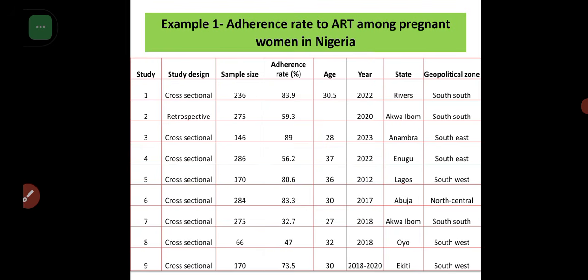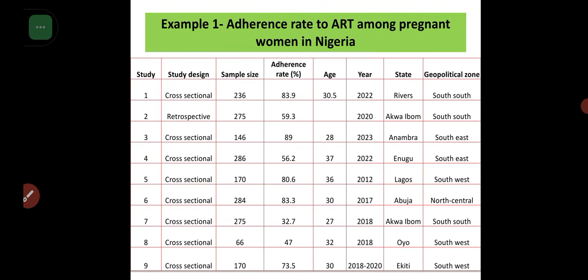You look at the age. Among the pregnant women, they only consider people between 27 to 37. Yes, 27 to 37. Meanwhile, a woman's reproductive age is, let's say, an average of 30 years. But between 27 and 37 is just 10 years. So they have excluded women below 27 years. They have also excluded women above 37.